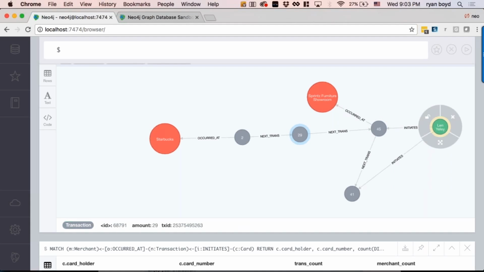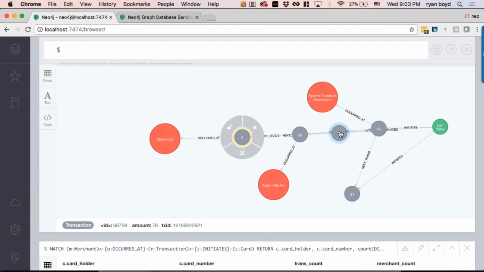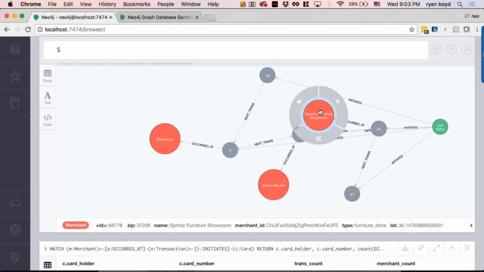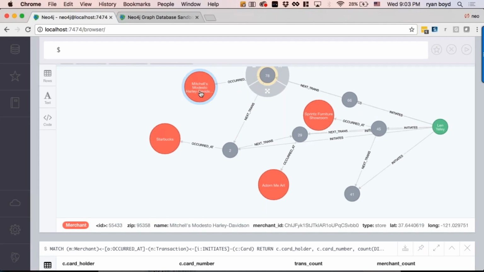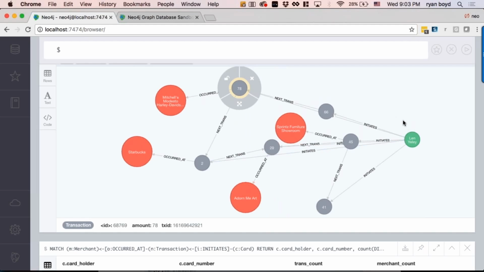And this person is the same person that made these other transactions, in this case, Adorn Me Art, and this other transaction, let's see here. Oh, this was the Starbucks transaction. So, and then there's even another transaction in between here. So these are the different places that this cardholder made transactions.